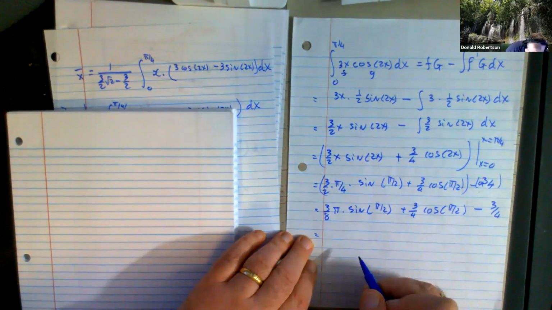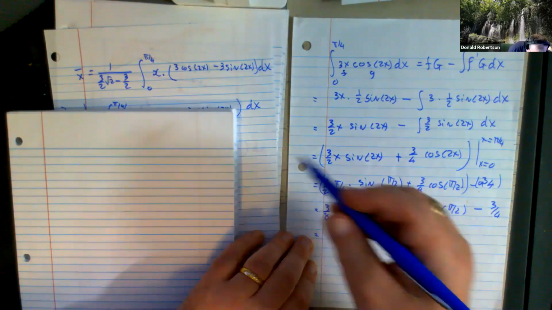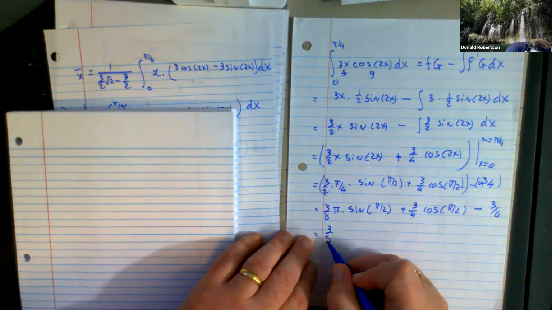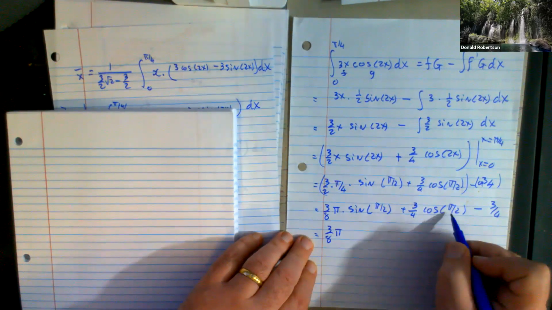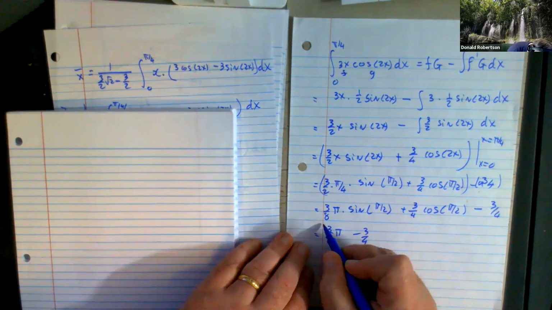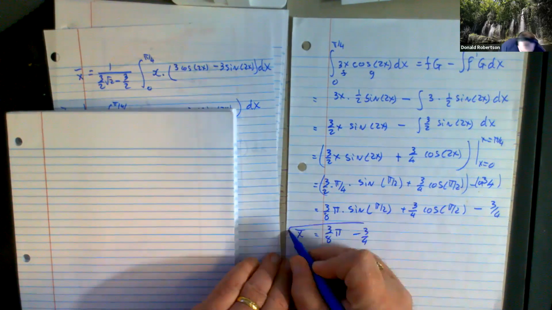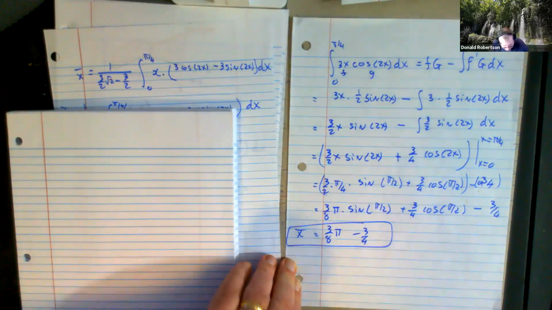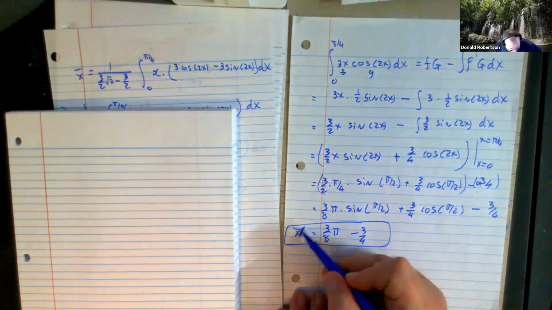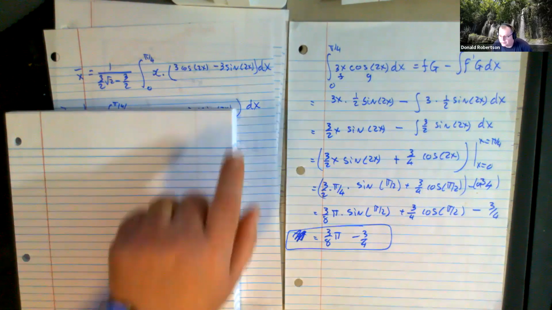Sine of pi upon 2 is 1. Cosine of pi upon 2 is 0, so I get that. So there's my x bar. Well, actually not my x bar. Haven't I only found the first half of the puzzle?